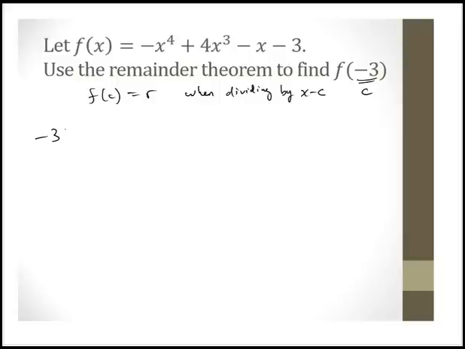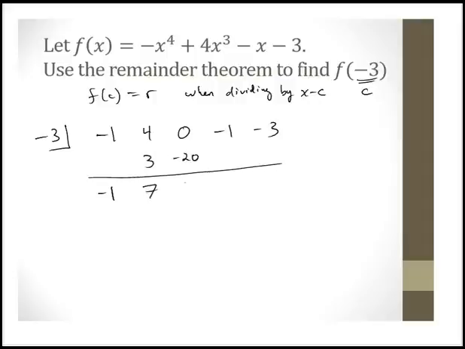If I divide the polynomial by x minus c, negative 1, 3, 7, negative 21, 63, let's see, 62, oh, careful there, 62.